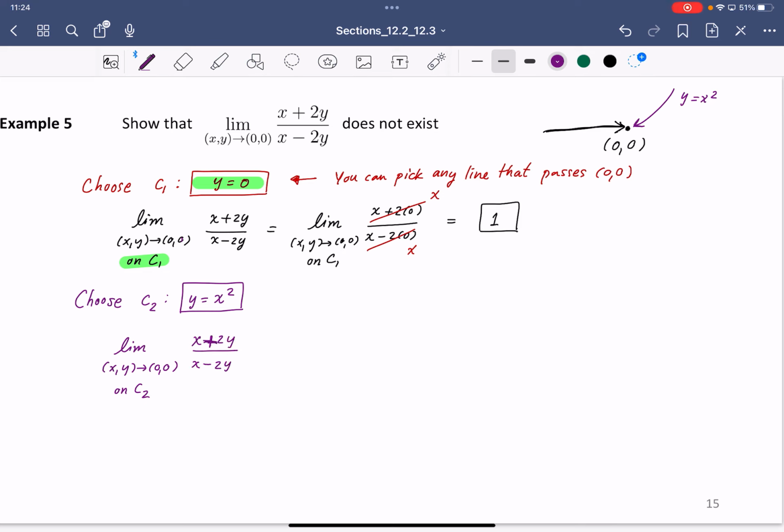When you do it on C2, it's x plus 2 times x squared over x minus 2 times x squared. The top part, you group it up so you get 3x squared, right? The bottom part, you have minus x squared. So what is the limit here? Negative 3.